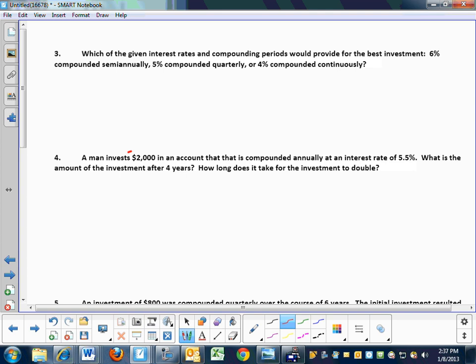So we don't know what our principal is or anything like that. We have our principal times 1 plus, what's our interest rate for the first one? 0.06 divided by how many times is it compounded in a year? Twice, to the 2t. So that's our first scenario.